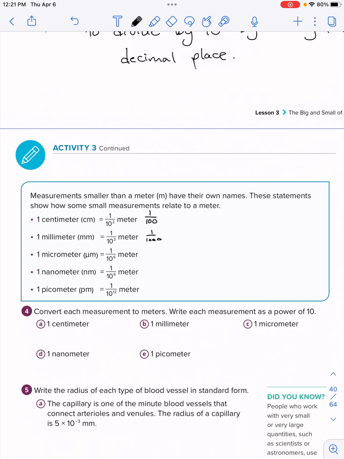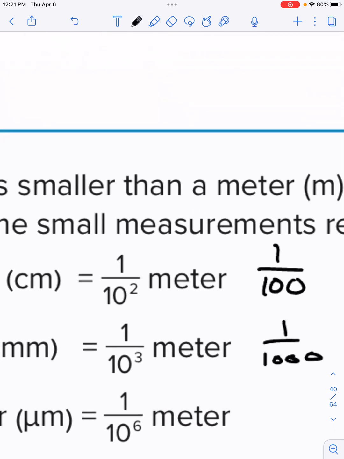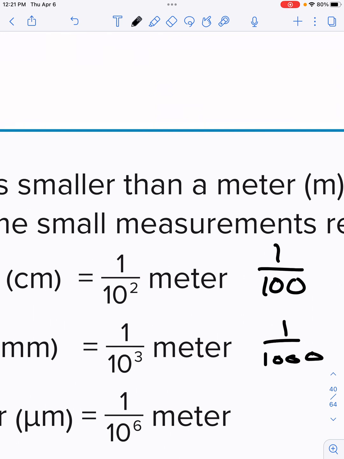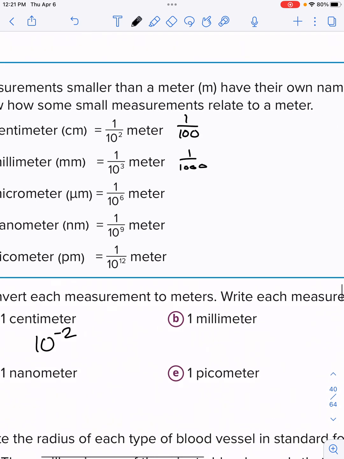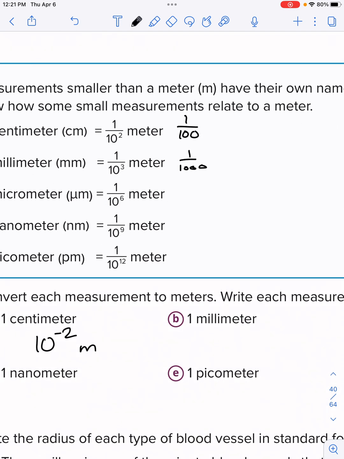Okay. So 1 meter. Right, this is using the first one. So, 1 centimeter, right over here. It's 1 over 10 to the second, which is just 10 to the negative second. So this is in terms of meters. Right, 1 millimeter.